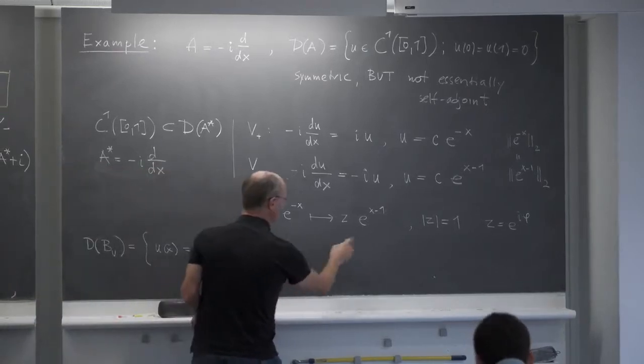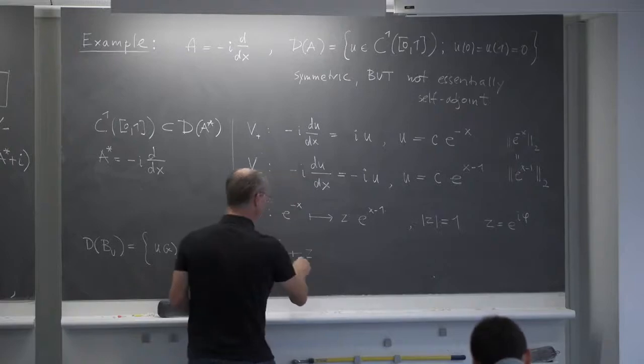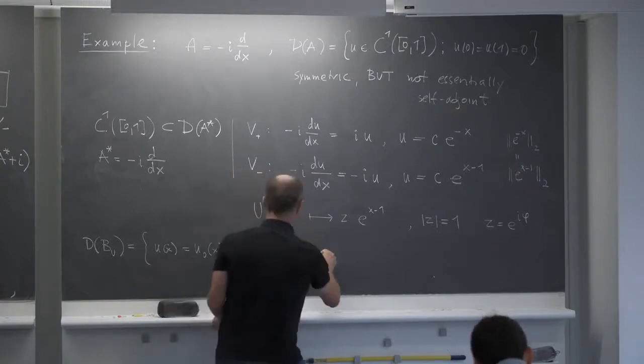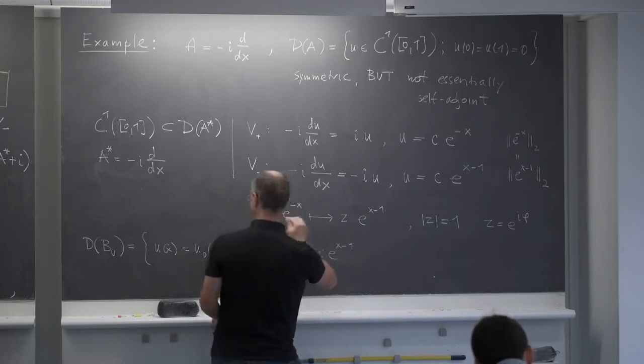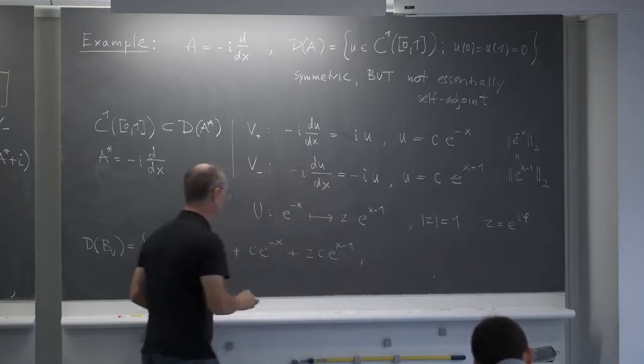Plus I should take z times c times exponential of x minus 1.